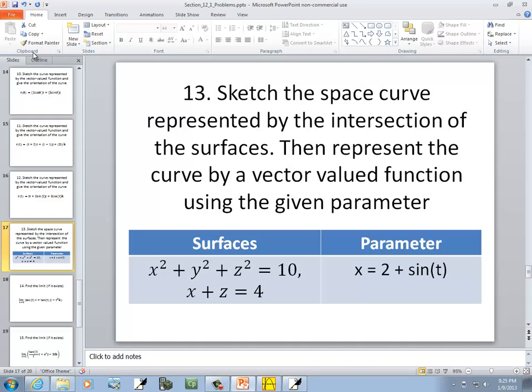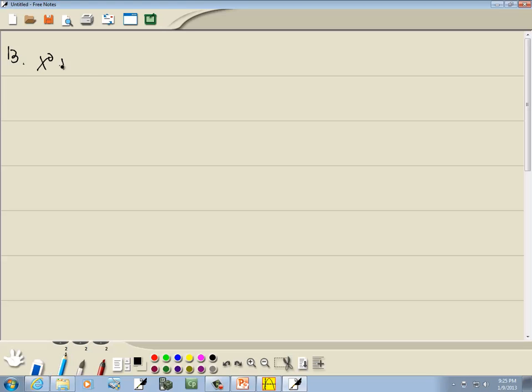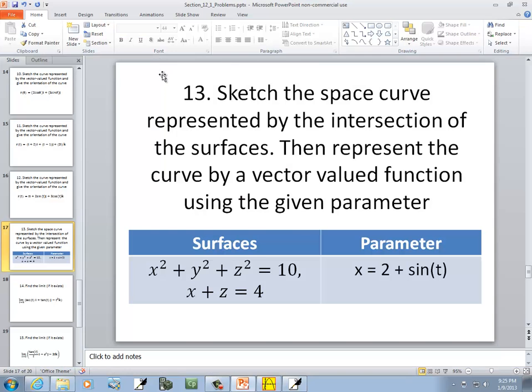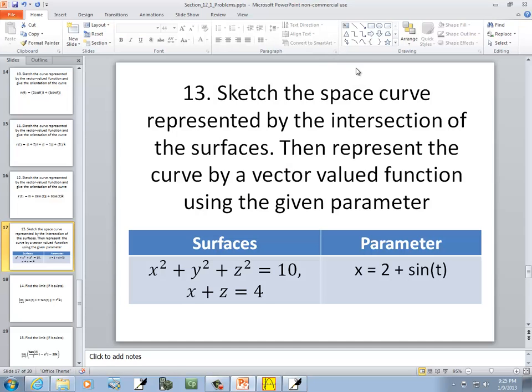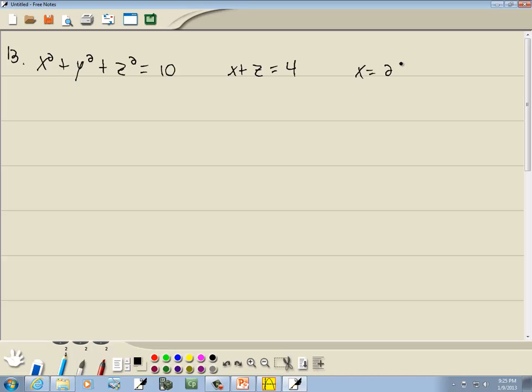We've got x squared plus y squared plus z squared is equal to 10, and x plus z is equal to 4. And they tell us that x is equal to 2 plus sine t. I want to take this x is equal to 2 plus sine t and plug it into x plus z is equal to 4.